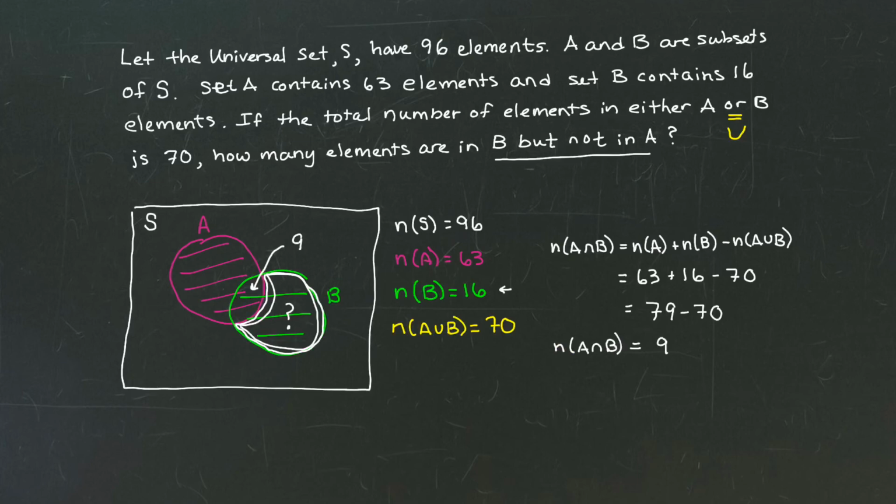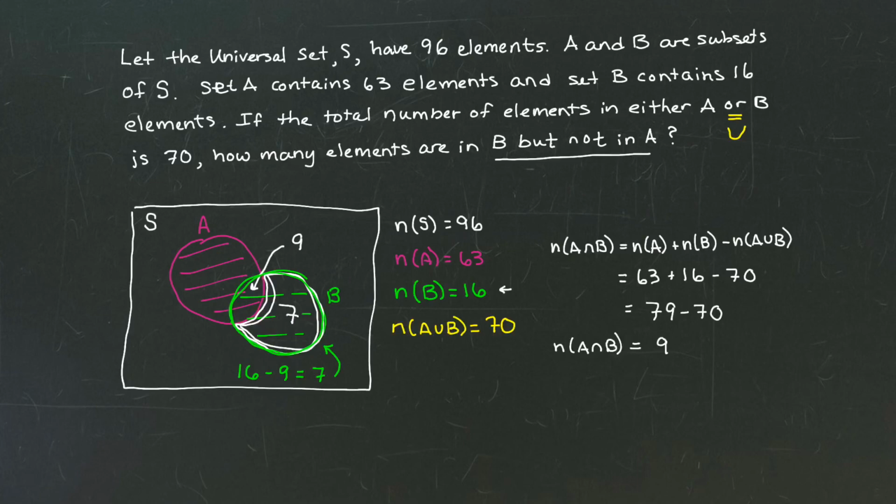And we're almost done. The last step: because I know that the entire green circle has 16 elements, if I subtract off those 9 elements in the intersection, that gives me the leftover part that is on the outside, meaning the leftover part in the green set that is not included in the pink set.